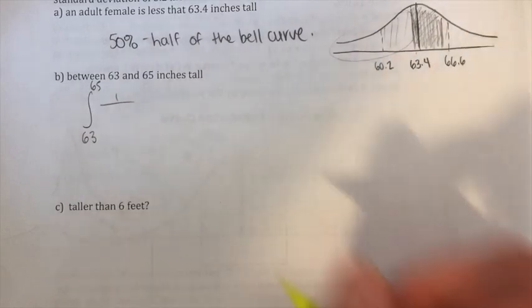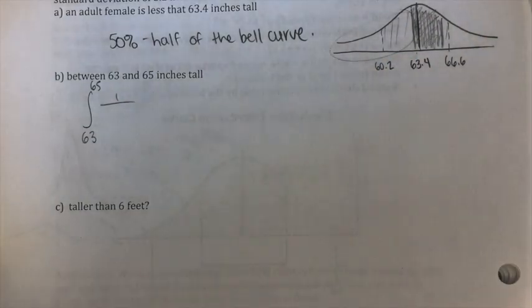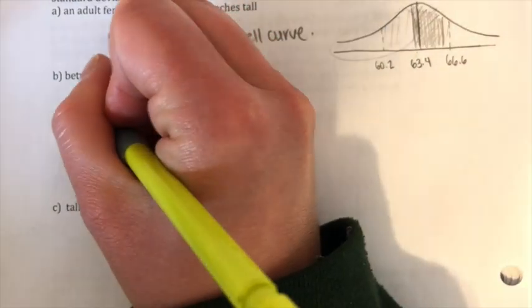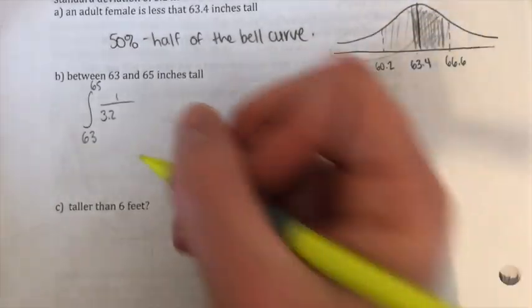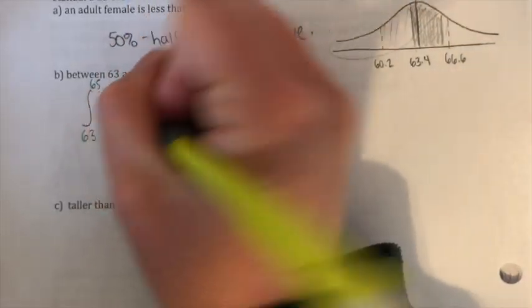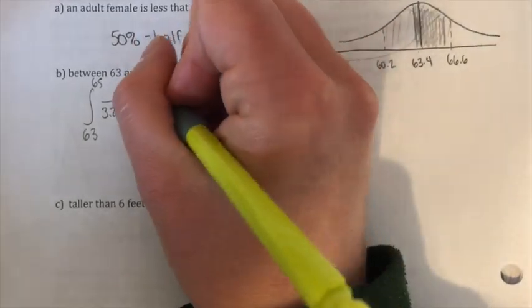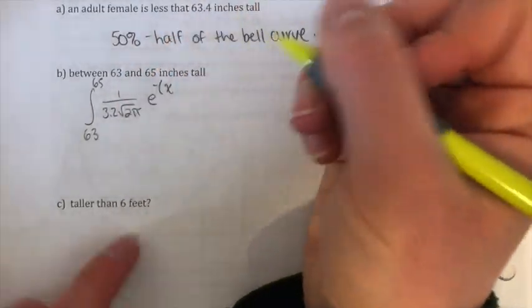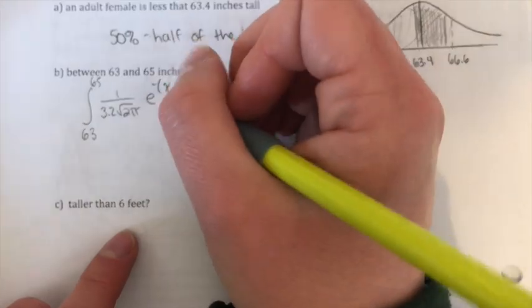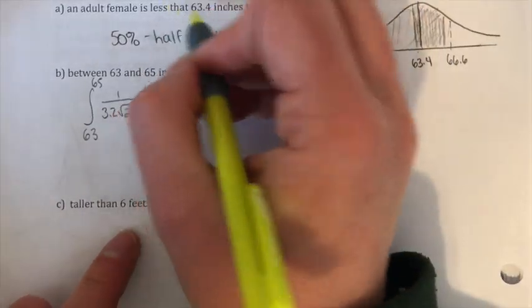And this is where that formula from the sheet previous comes into play. So it's 1 over, the standard deviation is 3.2, times the root of 2 pi, and then times e to the negative bracket, x, so that's our unknown, so that's what we're integrating in terms of, minus the mean.